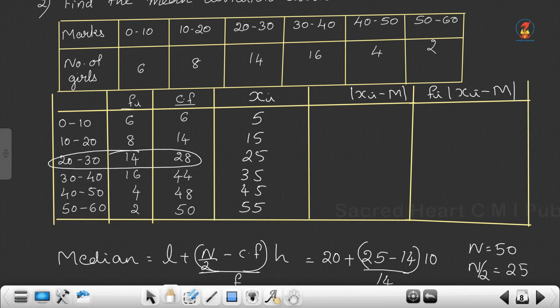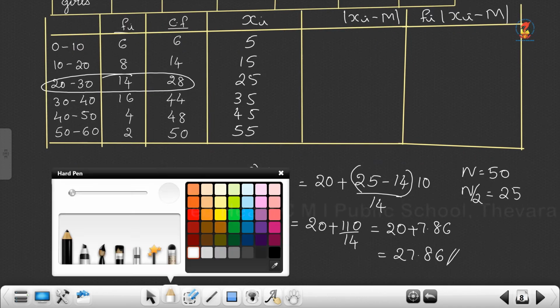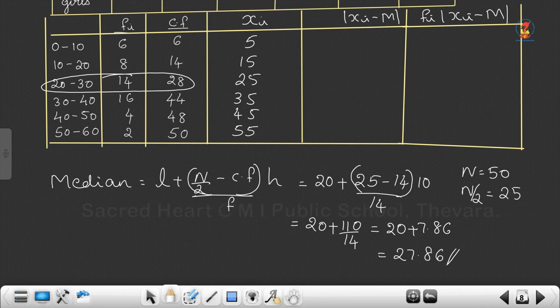So xi minus m, xi is 5. 5 minus, okay, 5 minus 27.86. That is 27.86 minus 5 is 22.86. So we can write 22.86. Then next will be 12.86, 10 is the difference.